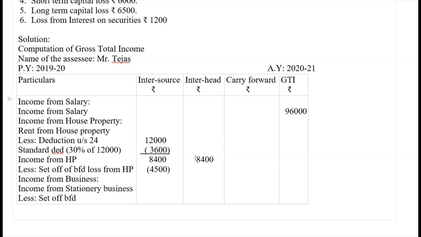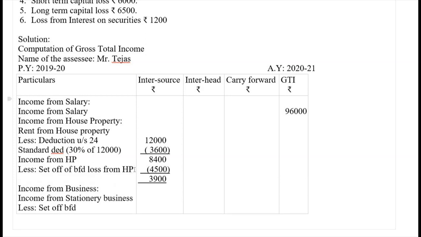The difference will be 3,900. This is income from house property, which shall be taken here for inter head set off.